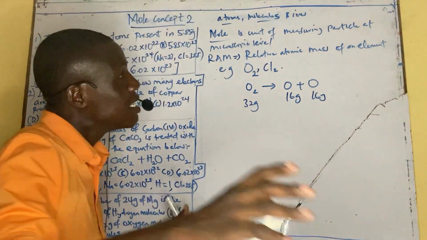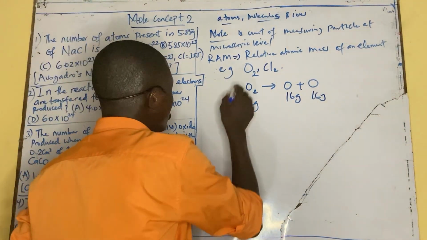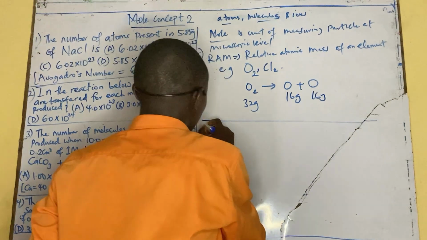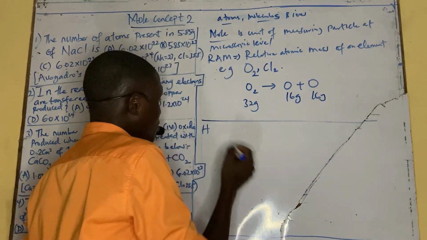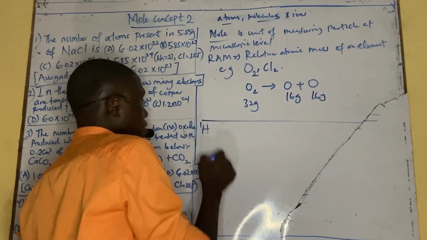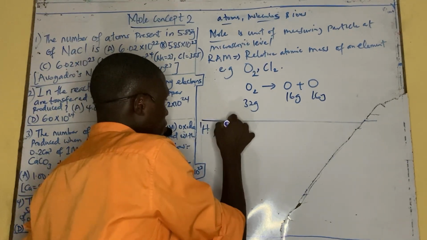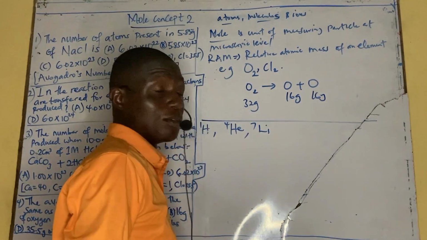Now, we have the relative atomic mass of these elements. For instance, hydrogen is 1. The relative atomic mass of hydrogen is 1. They usually put it on the top. Helium is 4. Lithium is approximately 7, and so on.